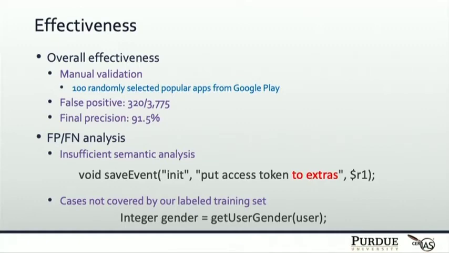However, as we can see here, the access token is not in here, because the semantic text says the access token is saved to some extra place. That means we will need to bring more detailed NLP analysis to tackle these false positives.